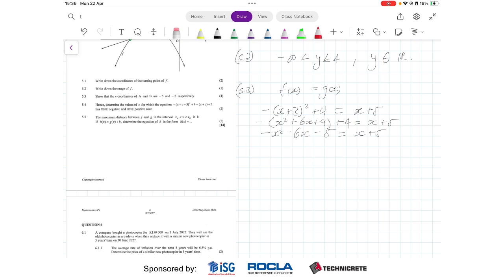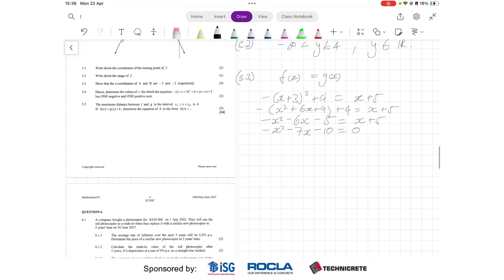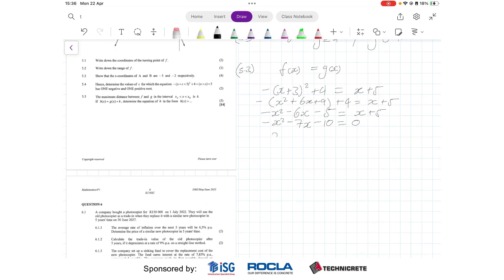Taking our x's, isolating our function value and leaving 0 on the other side, we find -x² - 7x - 10 = 0. From here, we can multiply by -1 to get x² + 7x + 10 = 0.